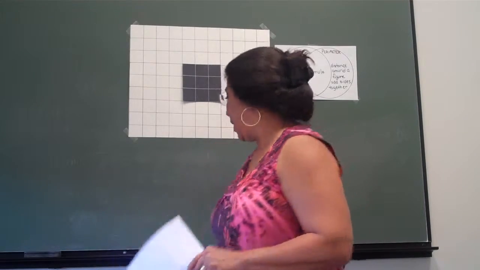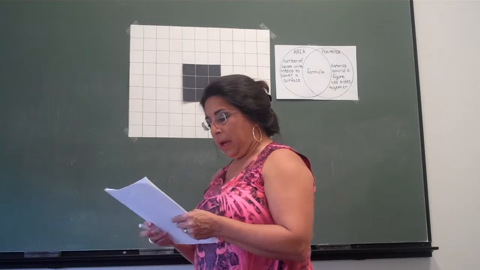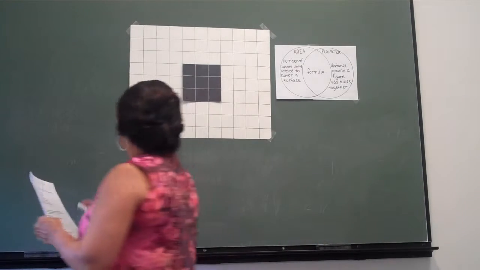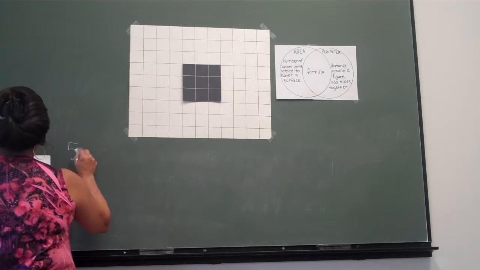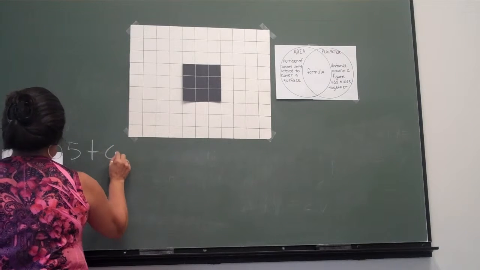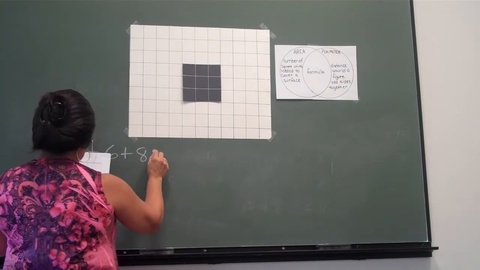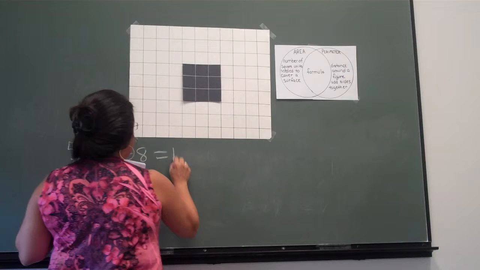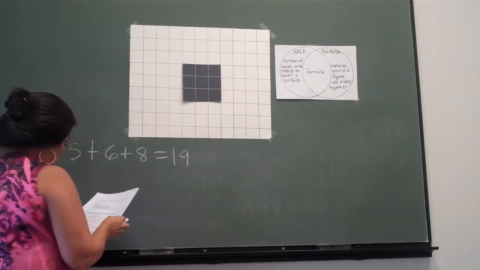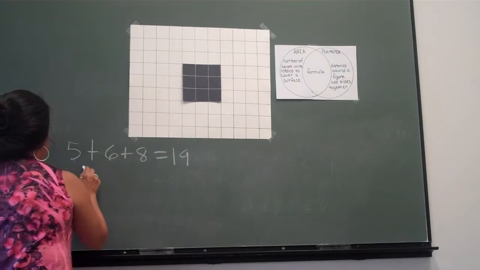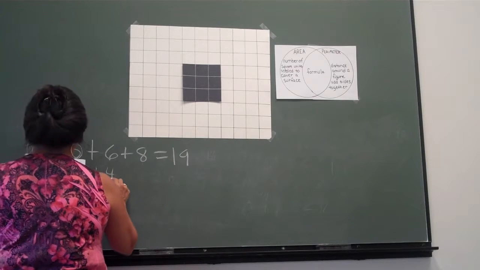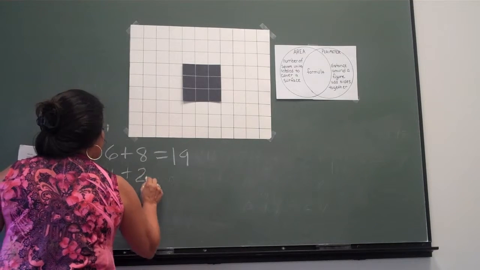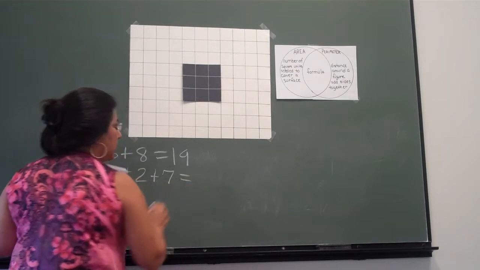Before we get started, I'd like to do a little bit of a warm-up. Sam, if you could help me, I'd like for you to give me the results of 5 plus 6 plus 8. That is correct, Sam. That's good. 19. All right, Sally, could you sum up 9 plus 4 plus 2 plus 7?